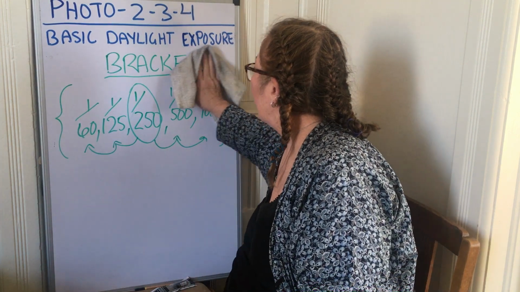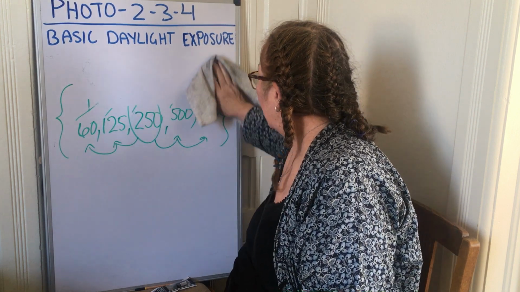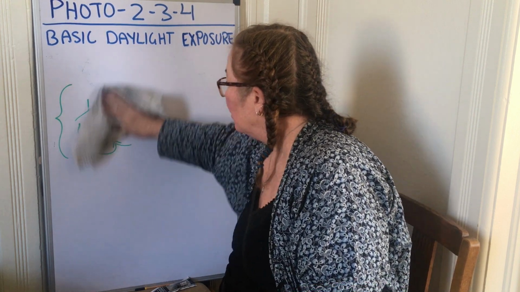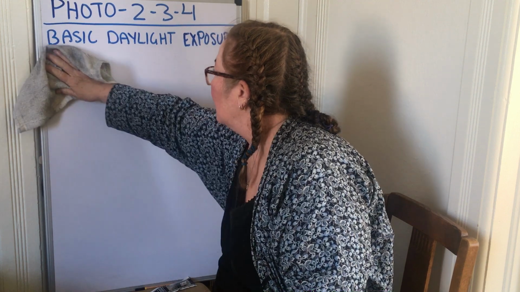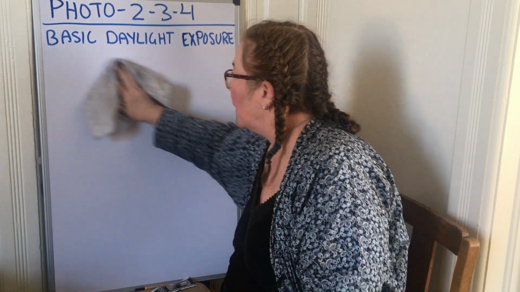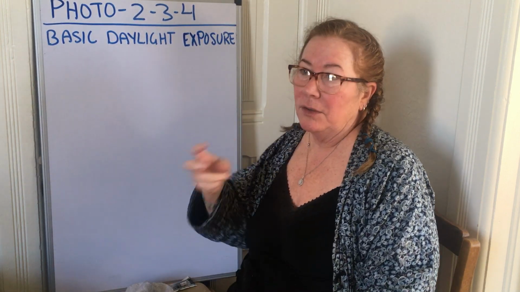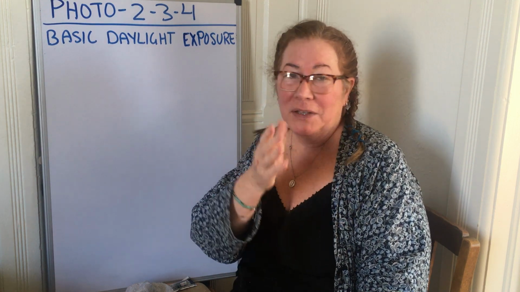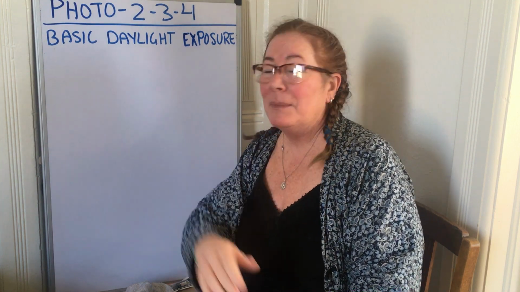I recommend doing a bracket of 3. Like I said, on digital cameras, you can set your camera to do an automatic bracket with every shot. So when you take one shot, it actually takes 3 to 5 shots of the same image at 3 to 5 different exposures. So you can have that automatic bracket on your digital camera.